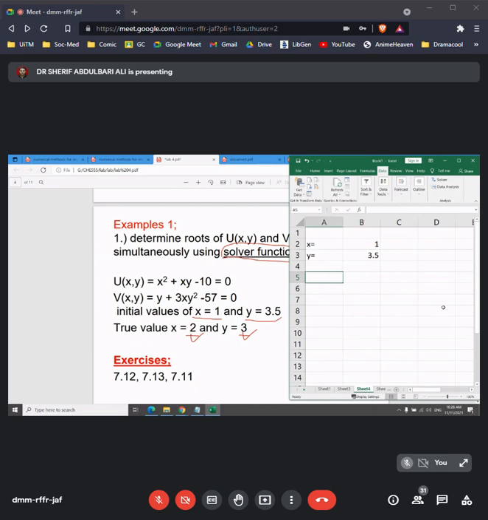Next, I have a function u of x and y, and the second function is v.